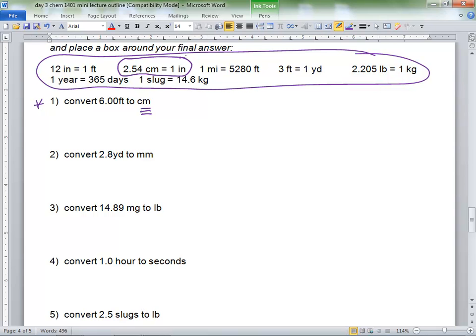Is it going to be 1.82 or 1.83? Because I think you got to round that 2 up, don't you? Because you have 182.88.